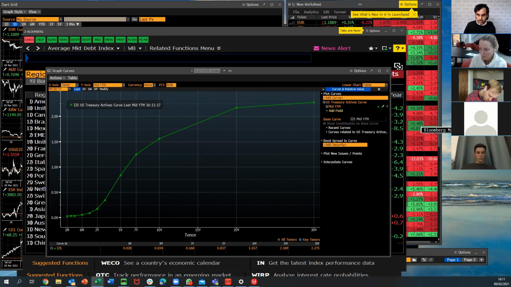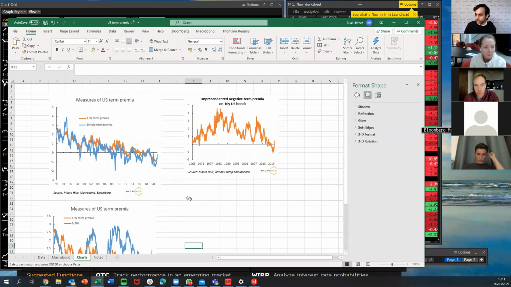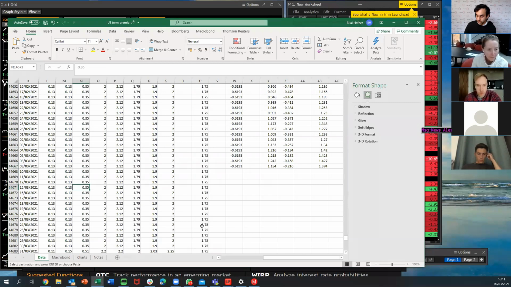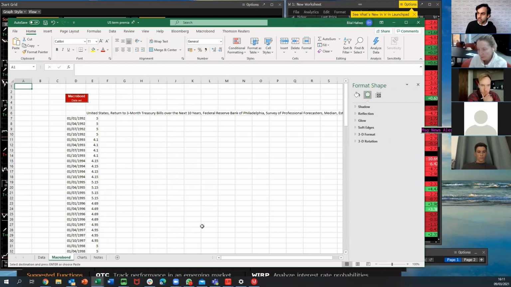Now I've got a spreadsheet here. What I've done is I've downloaded some estimates of term premium. There's the KW and the ACM premium, which you can get on Bloomberg and Macrobond and other databases.